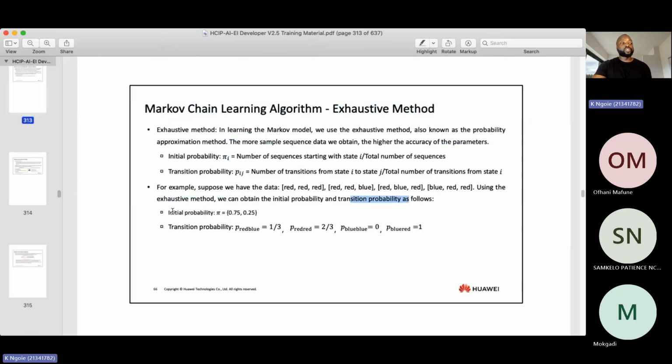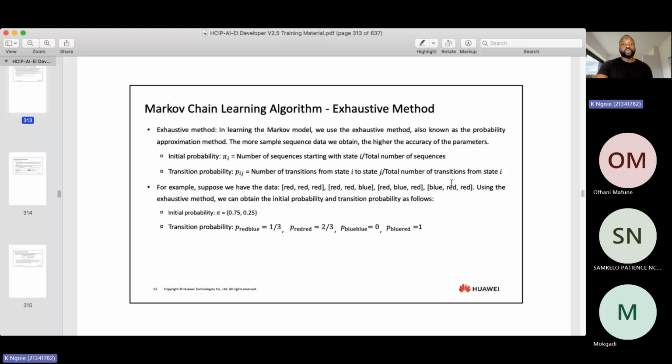So for the initial probability, we take the number of sequences starting from the first one, and we divide by the total sequences. So we have 1, 2, 3, 4.